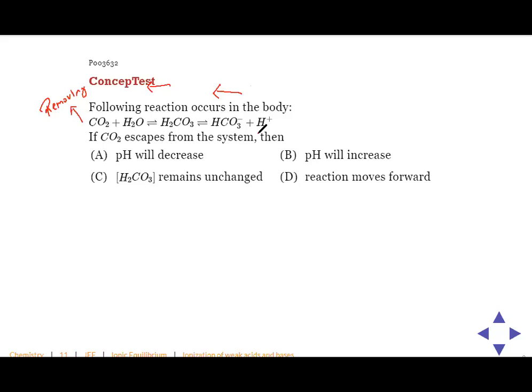So obviously the concentration of H plus will also decrease. And we know that if the concentration of H plus decreases, pH will increase because it is minus log of concentration of H plus. Okay, everyone, got the concept? If everyone got the concept, just raise your hand. Very good, everyone.